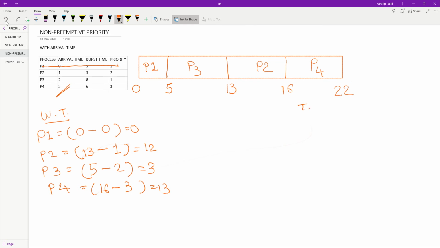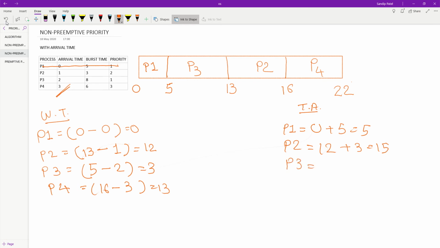Now the turnaround time, as you know, is waiting time plus burst time. For P1, turnaround time is 0 plus 5, which is 5. For P2, waiting time 12 and burst time 3, so 15.